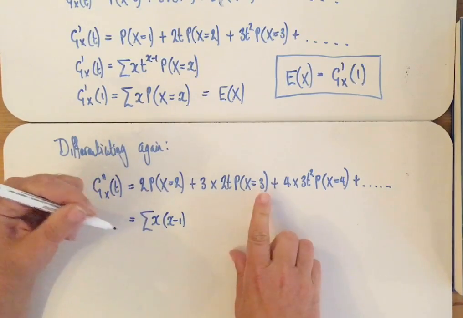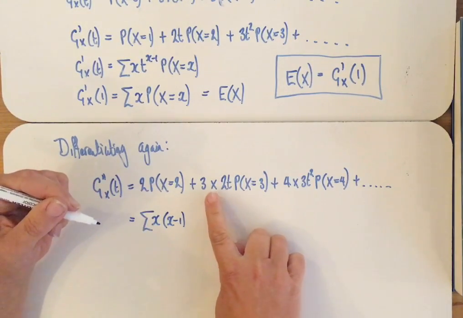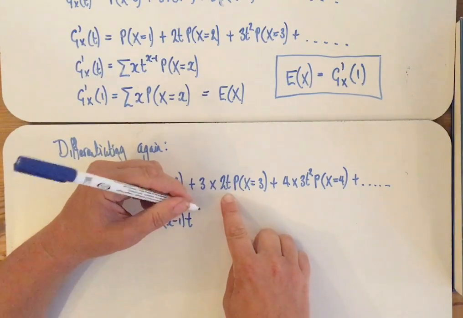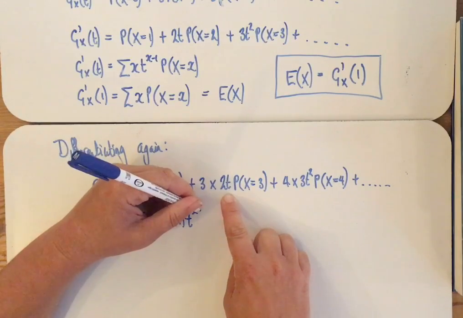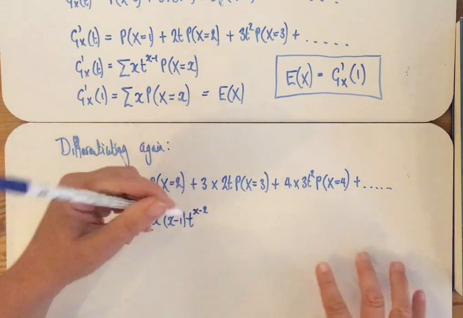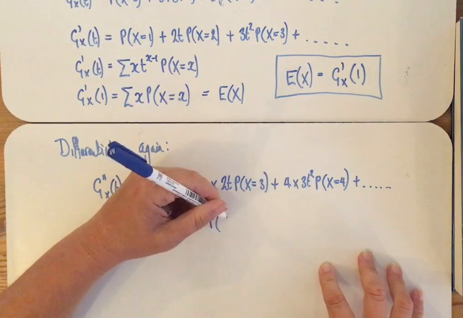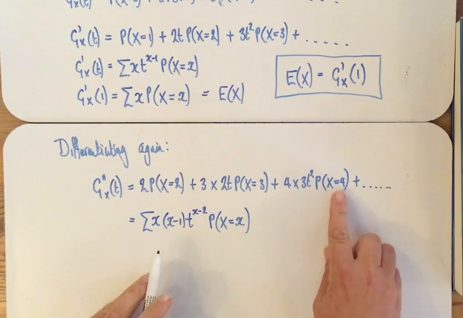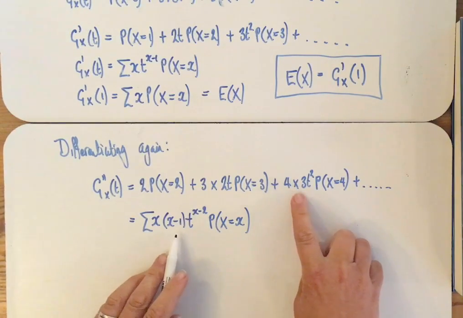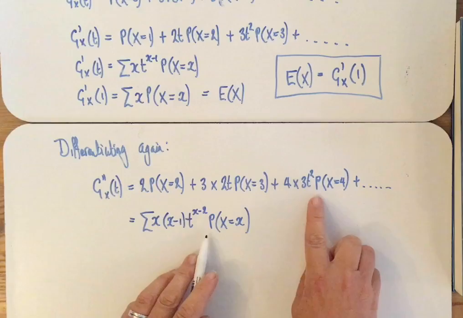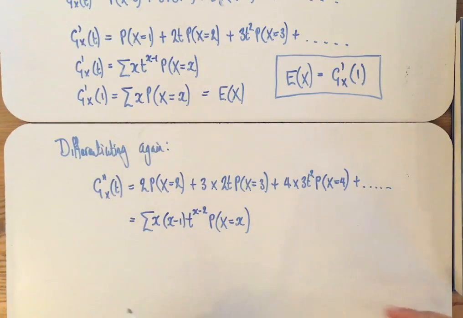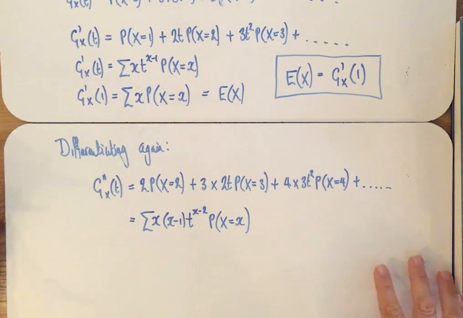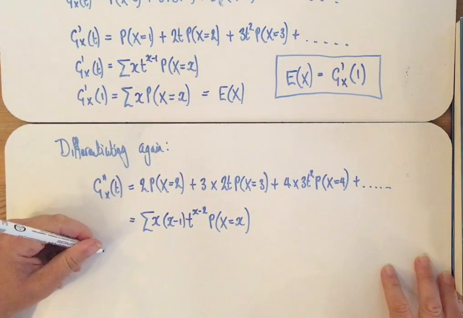So for instance here x is 3, so you get 3 times 2 t to the power of x minus 2, lots of the probability that X equals x. I'll let you think about that. So when x is 4, you get 4 times 3t squared times the probability X equals 4, and that pattern is just going to continue. So we can sum the whole series, and again we can look at feeding through 1.